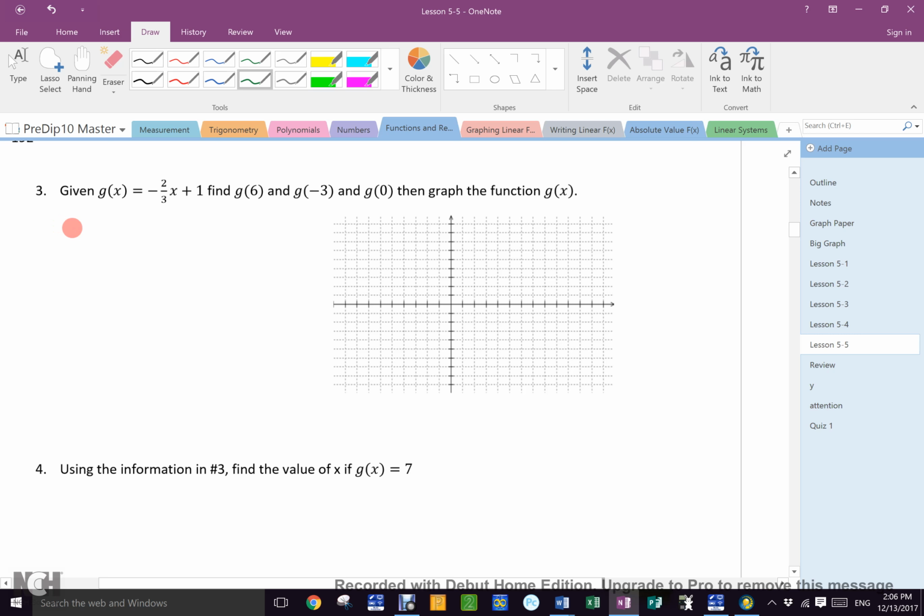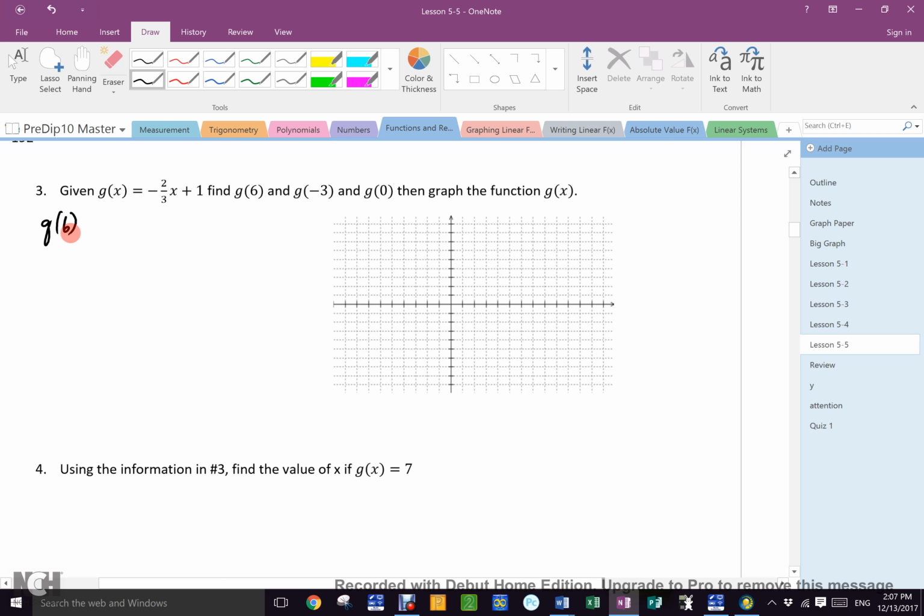I have a new function, so you will notice I've given it a new name. Given g of x. I need to find the g of 6.